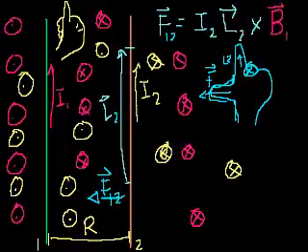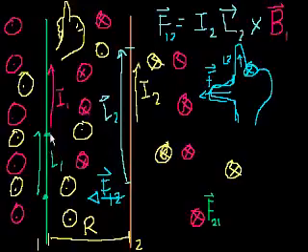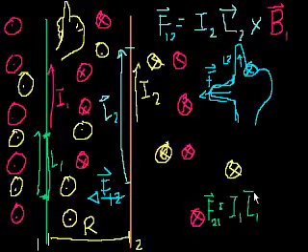So then we can write down that the force, and let's take, I don't know, this is some distance. Let's call that L1. So the force from current 2 on wire 1 of length L1 from here to here is equal to current 1 times L1, which is a vector, cross the magnetic field created by current 2.